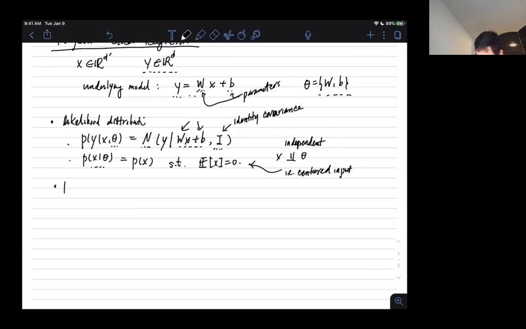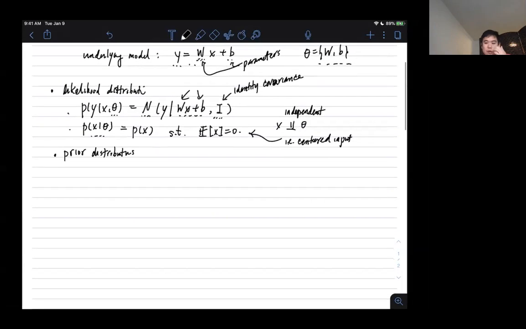Now we need to think about the prior distribution. So what was the prior distribution? Prior distributions tell us our prior belief about our machines. So given a linear regression machine, without looking at the data, how much do we believe that machine is probable or likely? In our case, we don't really know that much about it.